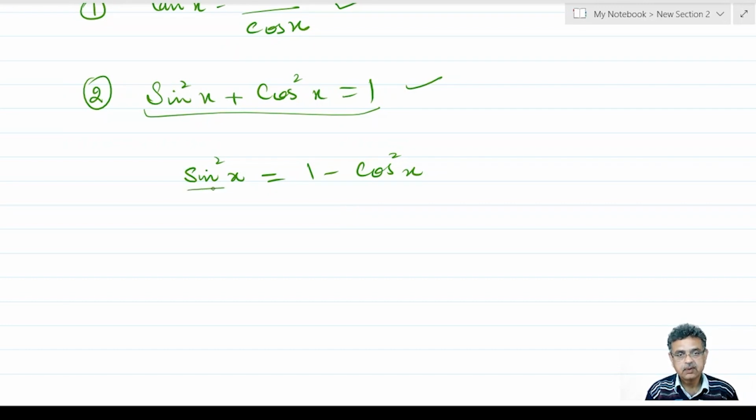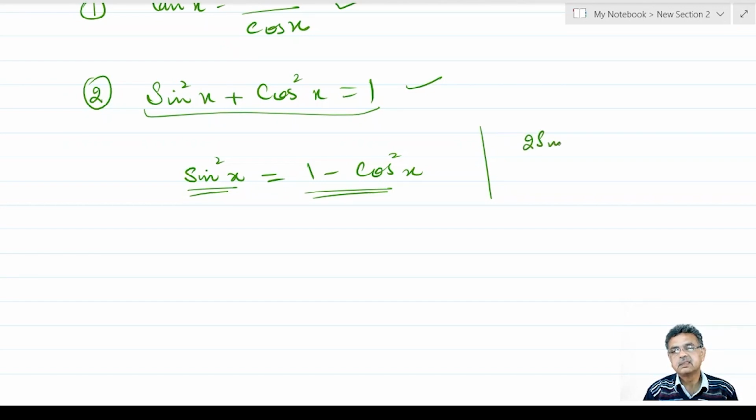So if you have this relation in your mind, then sometimes it suits us that sin square x is replaced by 1 minus cos square x. And in some other question, if 1 minus cos square x is given, then you can replace it by sin square x. This type of thing is used in expressions like this.